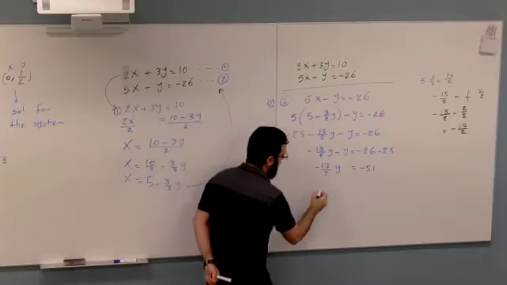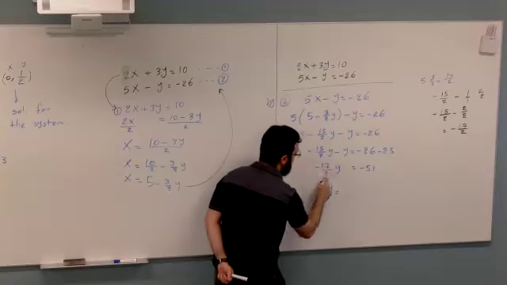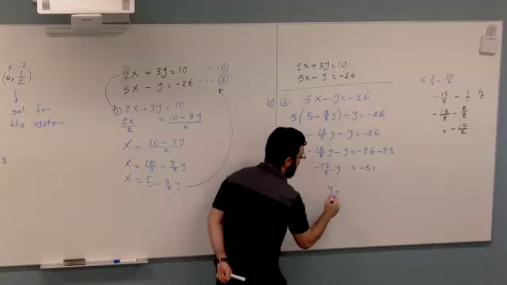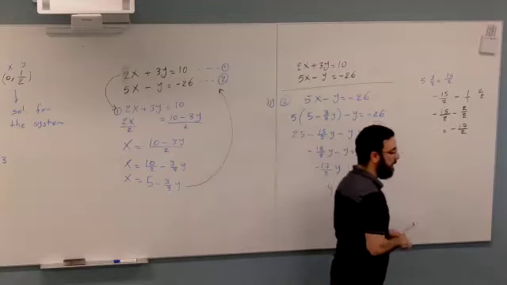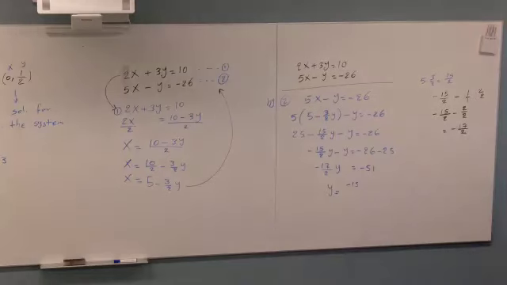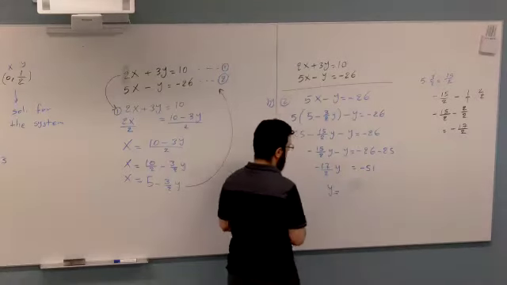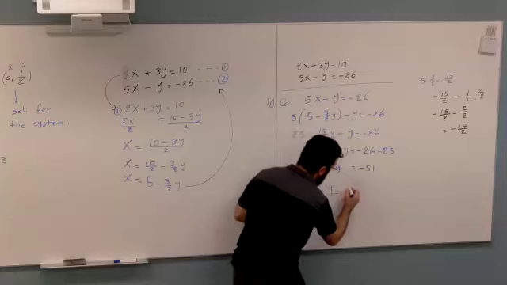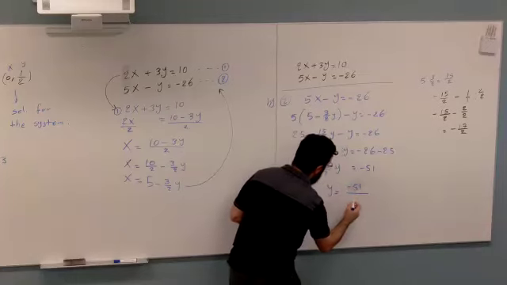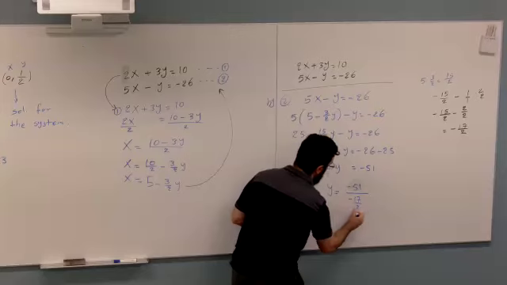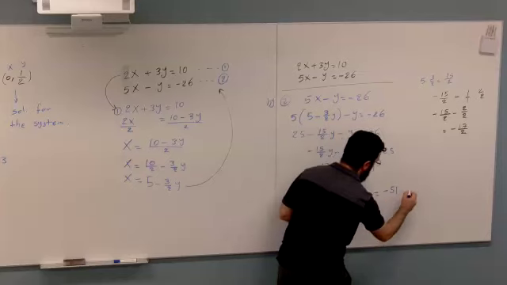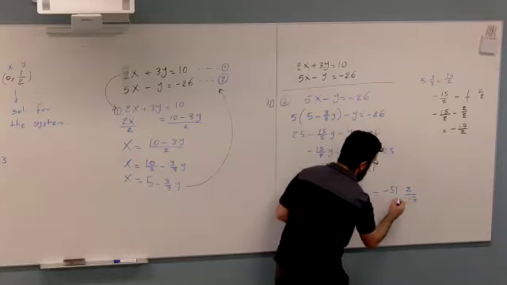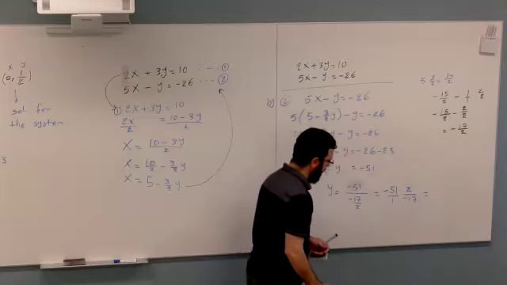So how much is the value of y? Divide both sides by negative 17 over 2. Negative 51 divided by negative 17 over 2 is equal to negative 51 times 2 over negative 17. How much is it going to be?